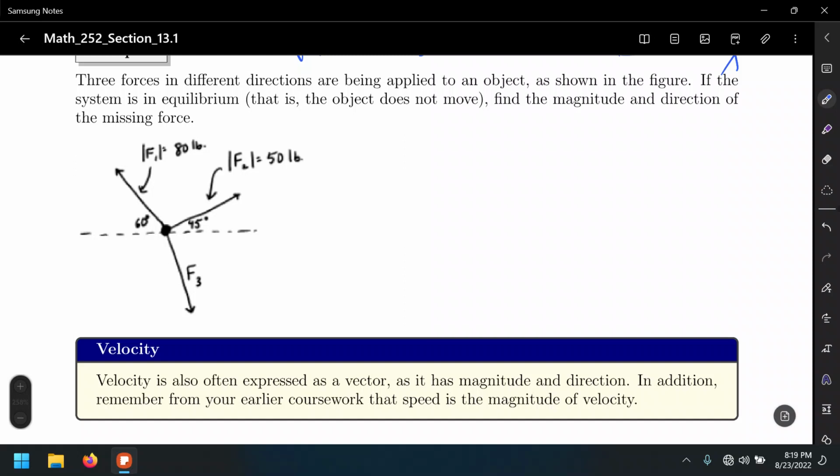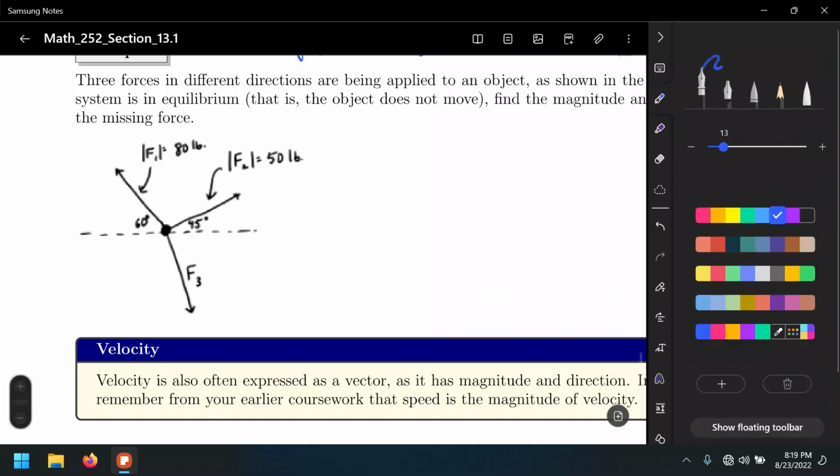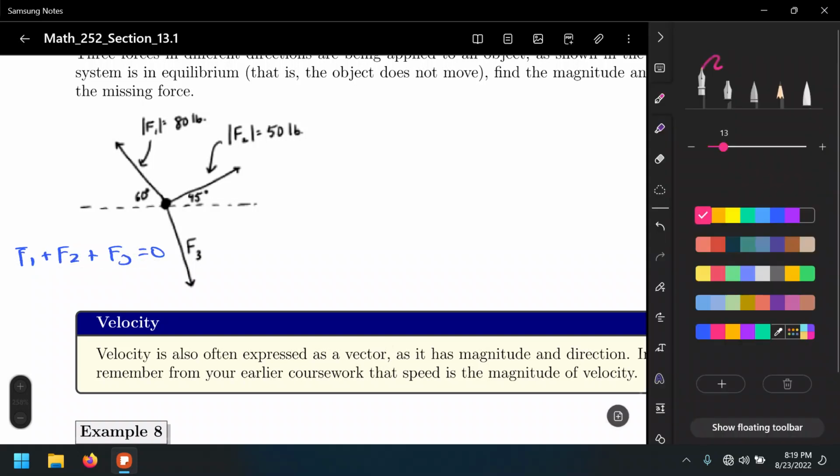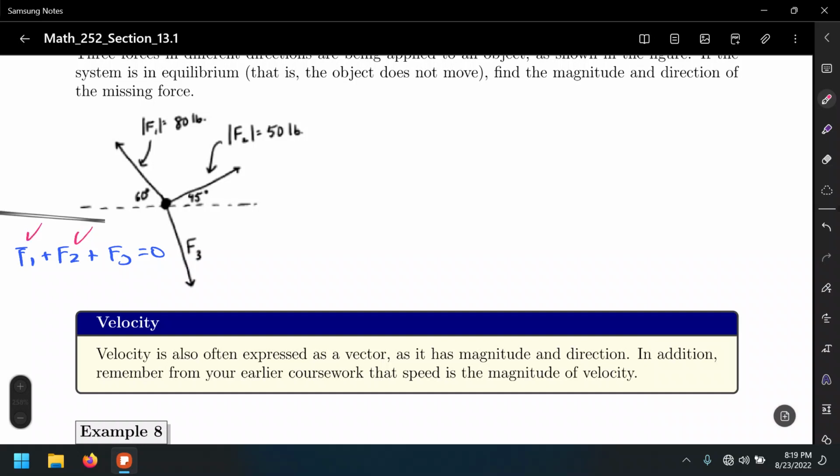So the thing here, we're given two forces and an unknown force. By Newton's law, the sum of all the forces for equilibrium is 0. It has to be 0. All right.